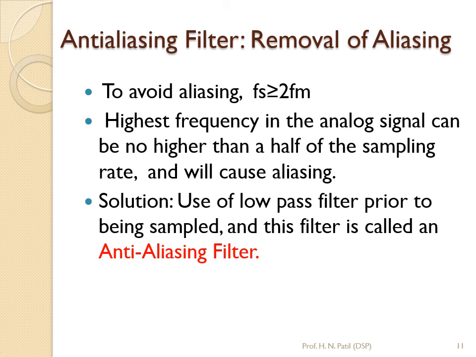In such cases, the use of a low pass filter is preferred before the analog to digital converter. This filter is called the anti-aliasing filter, because it tries to reduce the higher frequency components which cause distortion.